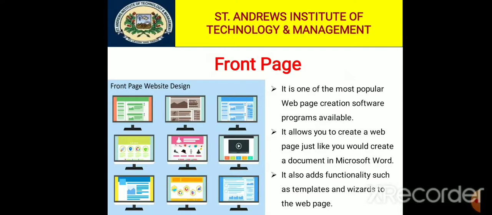Basically, a FrontPage website is a site created in FrontPage. It contains web pages, graphics, documents, multimedia, almost any kind of file you want. More importantly, a FrontPage website also contains hidden folders and files that support FrontPage-specific functionality.